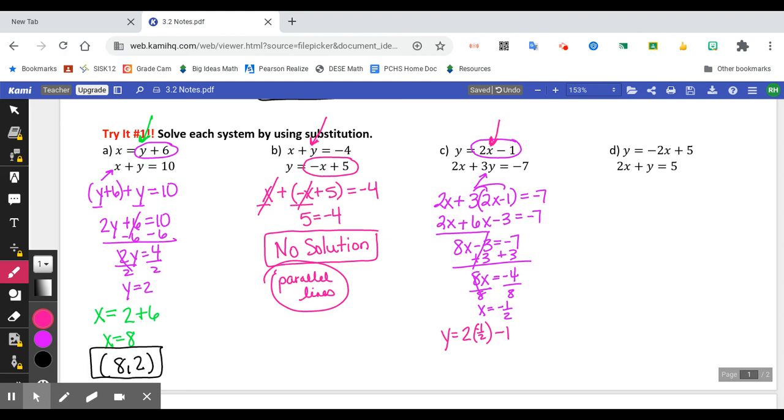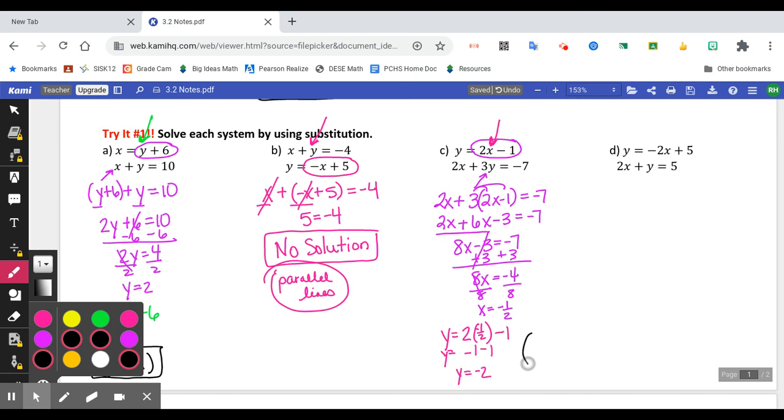Half of this would be negative 1 minus 1. So y equals negative 2. And your final answer then would be negative 1/2, negative 2.